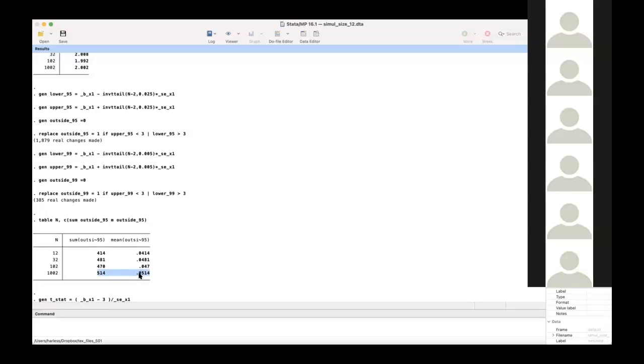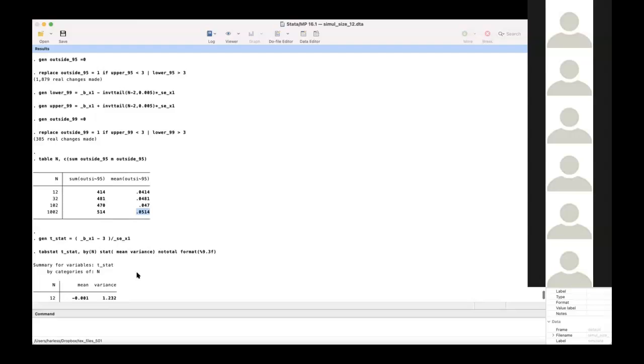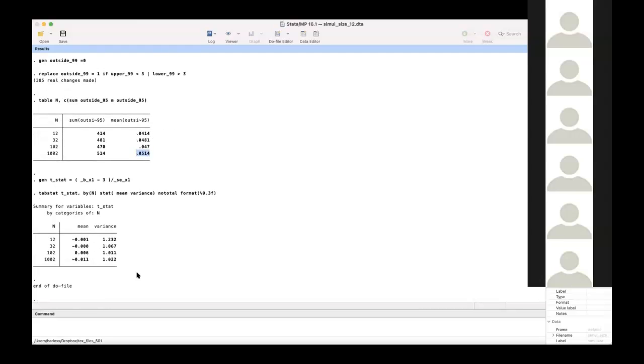So we're much closer to 0.05 when we get to 1,002. We're quite a bit off at these lower levels, right? And then if we look at the t statistic, notice that the variance of that t statistic is large, and it's getting close to 1 as the sample size increases.